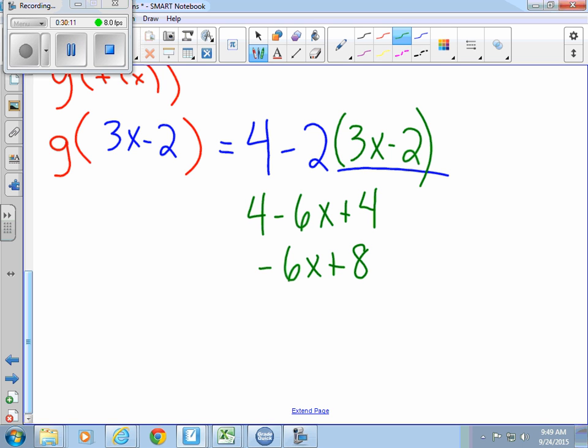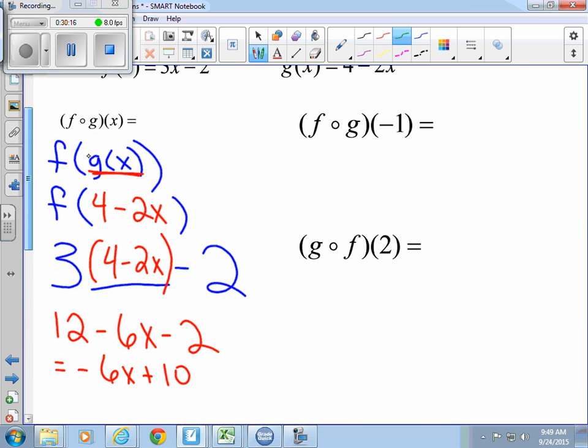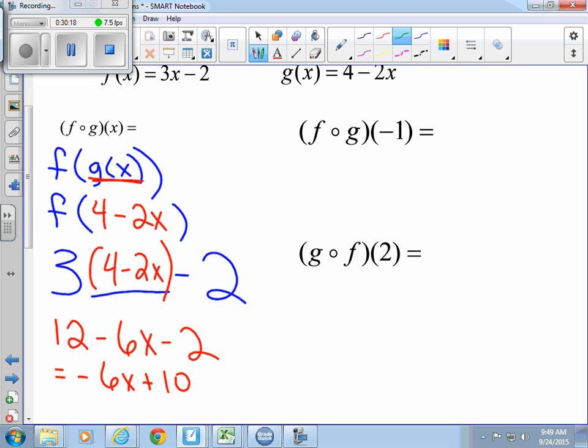Now, the next question, one or the other, not both questions. So it's a little easier with numbers, just like it was with adding and subtracting.